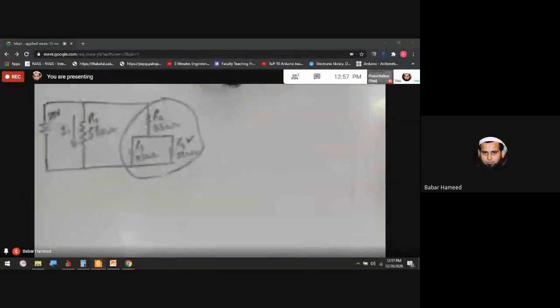So we don't need to discuss the current flowing in R1. We will directly jump to R2, the second group. So we need the current through R4. For this, we have to solve this parallel combination.